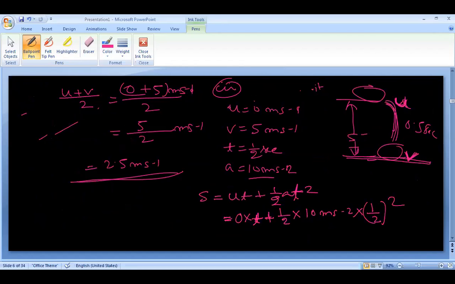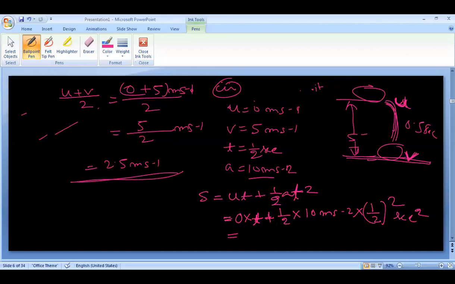Now when it is squared, the unit will also be squared, yes or no? So in the formula it is t square, so it will also be second square. Clear about this? Yes, sir.